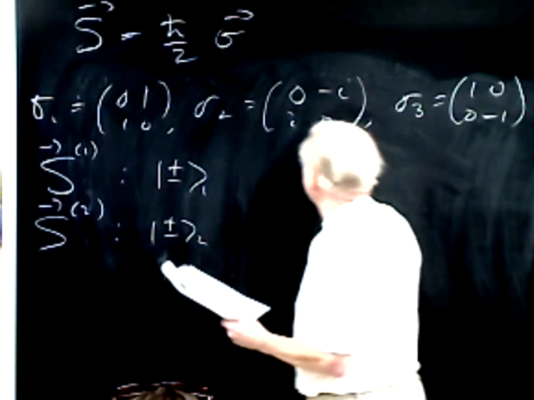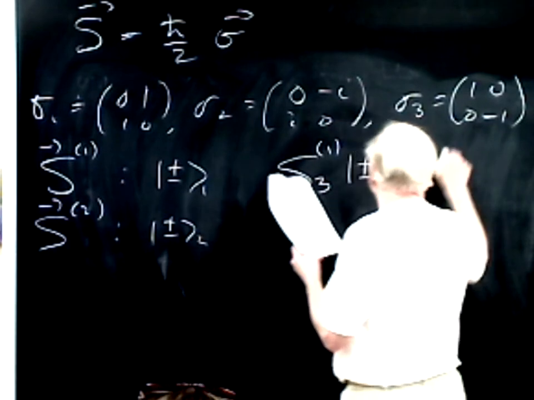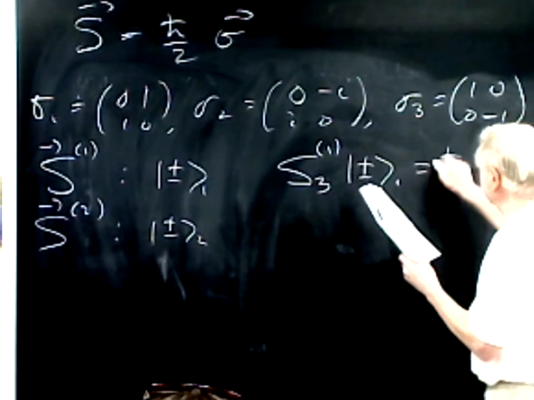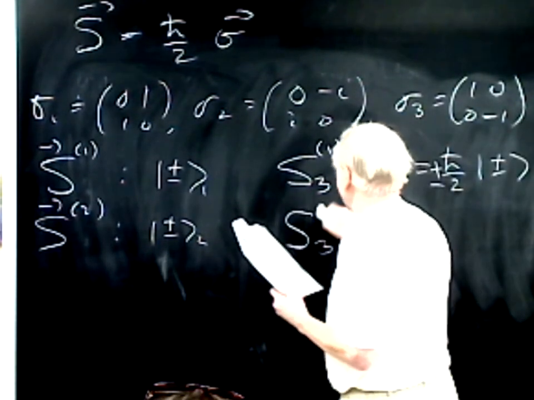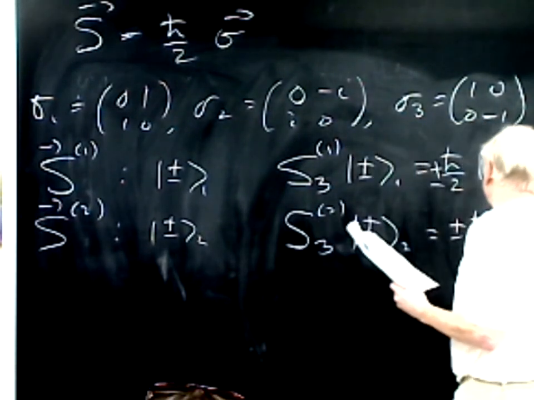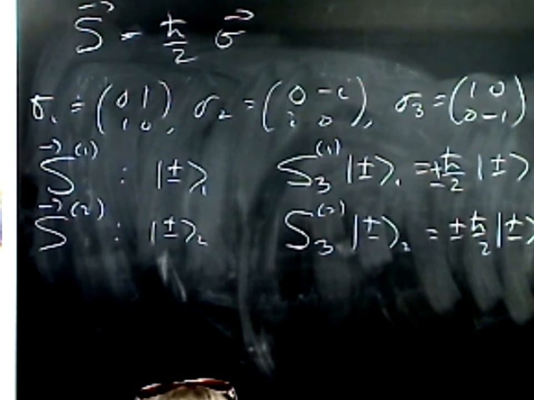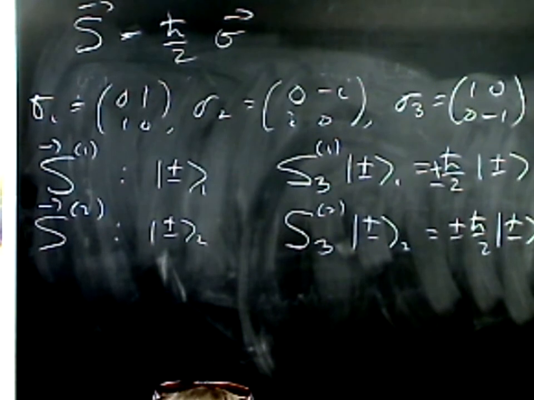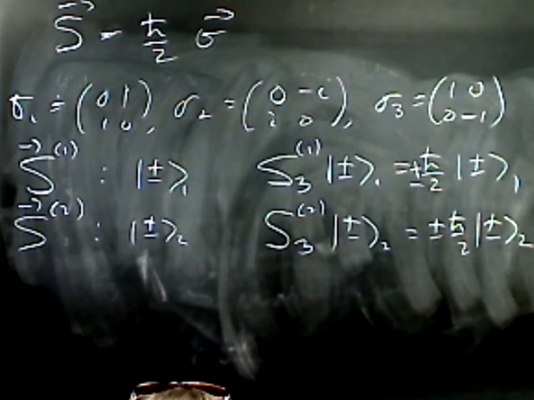Here I'm saying that S3, 1 on plus or minus 1 is plus or minus h bar over 2, plus or minus of 1, and S3 operator 2 on plus or minus sub 2 is plus or minus h bar over 2 plus or minus sub 2. Okay? So in this case then the operators A and lambda are the same except they act on different spaces. The one acts on the space of states for electron 1, the other acts on the space of states for a second electron.